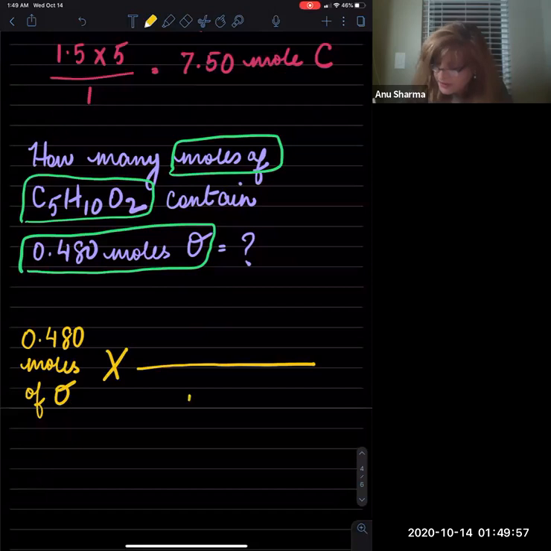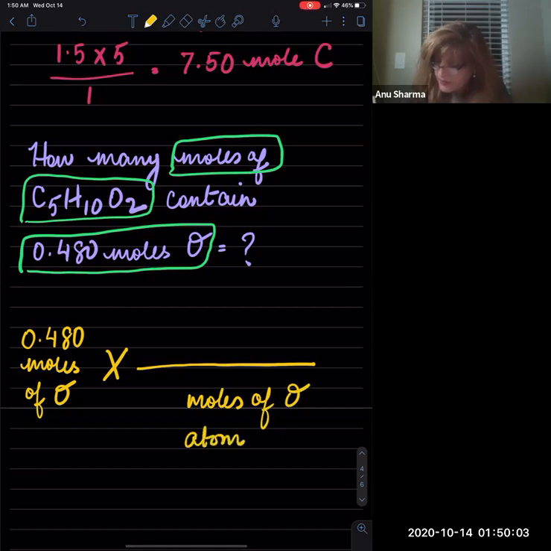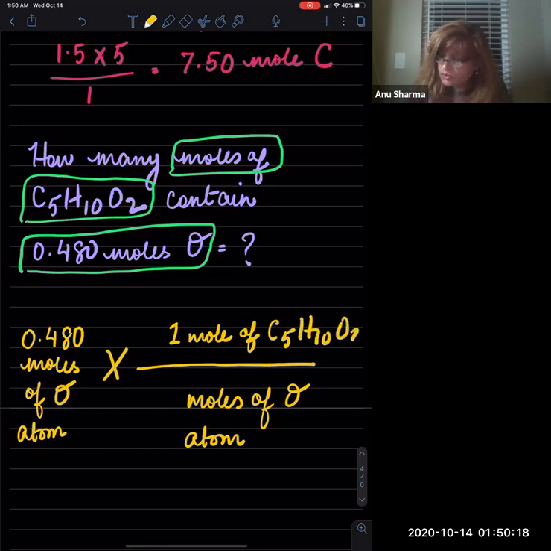So that's going to be here at the bottom: moles of oxygen atoms are present in 1 mole of C5H10O2. 1 mole of C5H10O2 contains 2 moles of oxygen atoms.